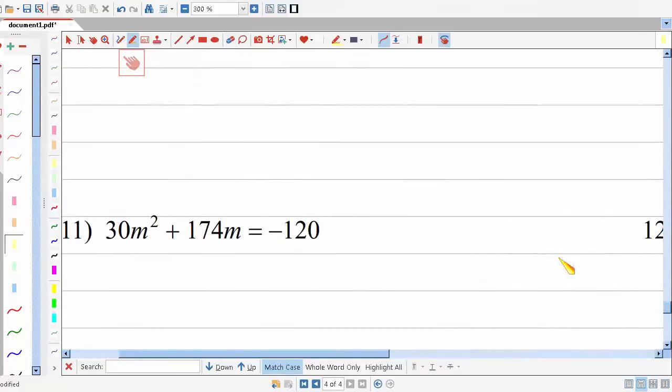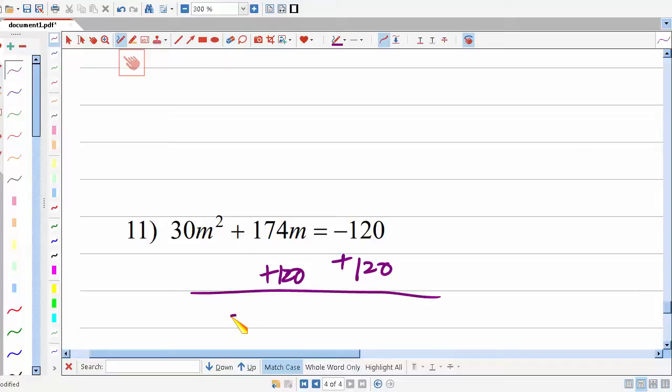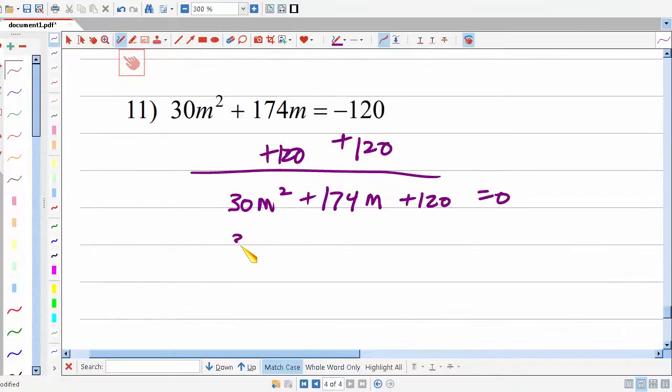Okay, just two more. All right, so I know I can factor out a 3 before I do anything else. Well, actually, I should move the 120 over to the left side of the equal sign. And now I'm going to factor out a 3.